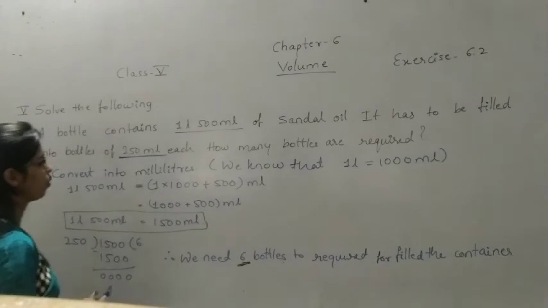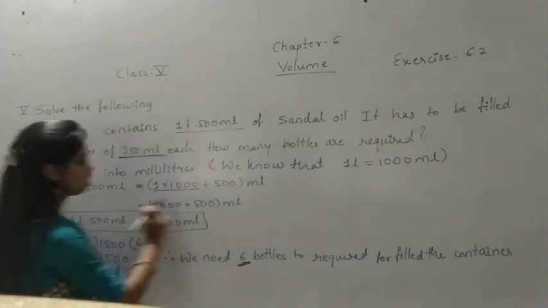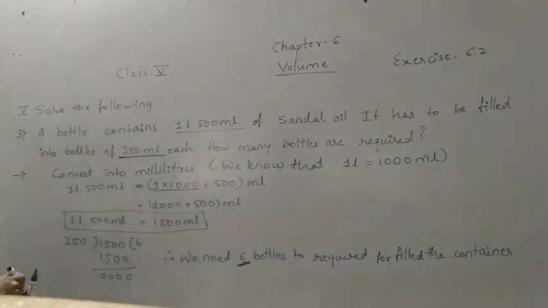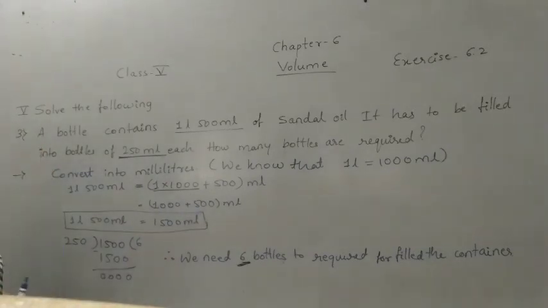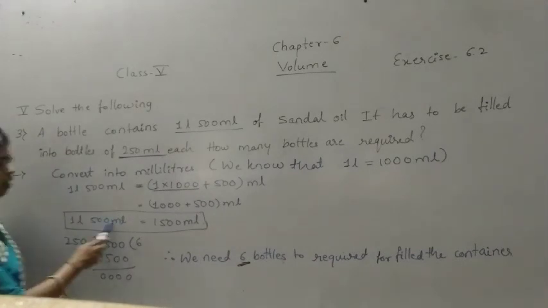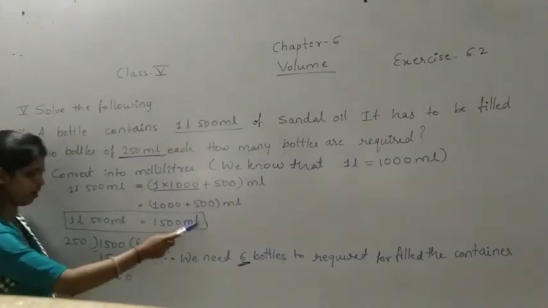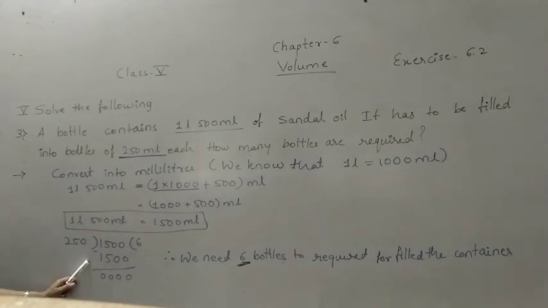That is 1000 plus 500 milliliter. That is 1 liter 500 milliliter equal to 1500 milliliter. Now here we divide that equally. 1500 divided by 250. 250 into 6 is 1500.